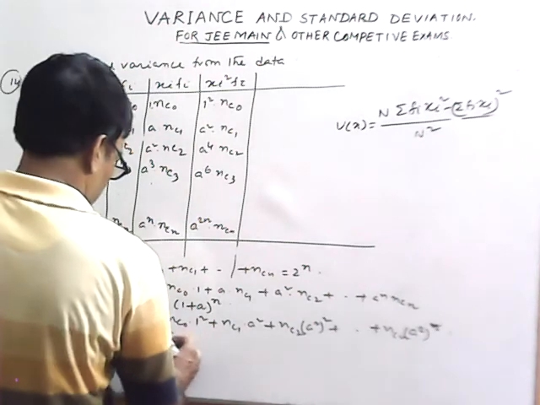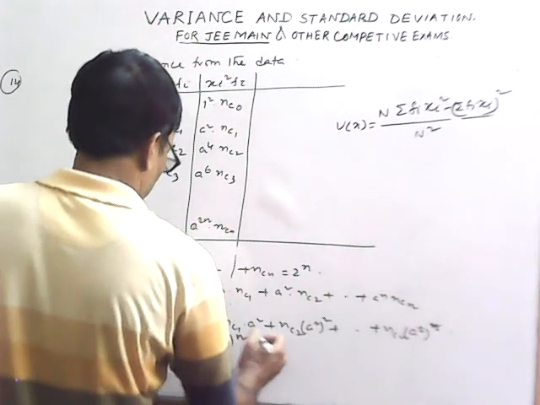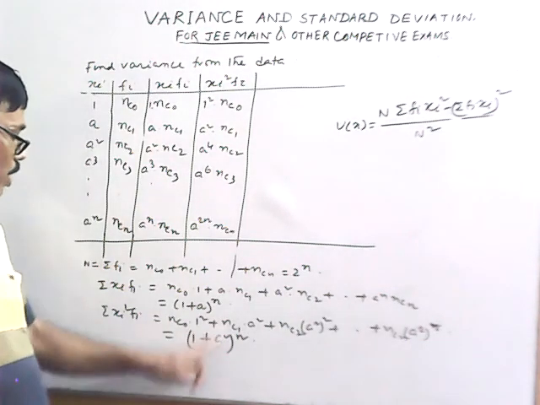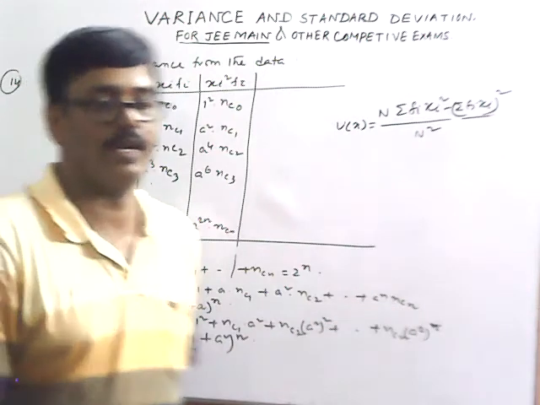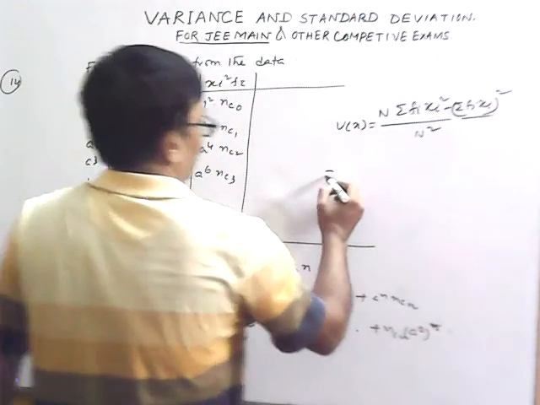So this is again the formula of 1 plus a square whole to the power n. So put these values here.